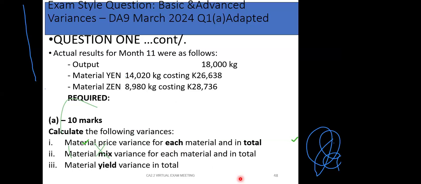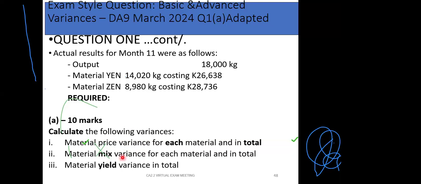Calculate the following variances: material price for each material and in total. Bear in mind, each and in total. Materials mix variance for each material and in total. Materials yield variance in total. So as you go to read the question, at least now your mind will be focused.